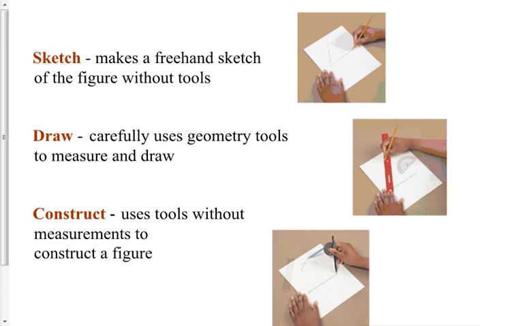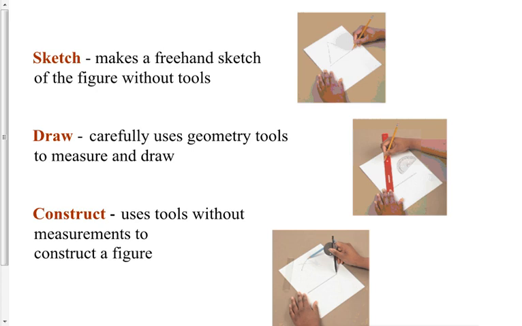That brings us to the last term, construct. And this is what we're focused on, geometric constructions. It says, uses tools without measurements to construct a figure. This is where your compass and straight edge come into play. You may very well have bought a compass that has numbers on it.